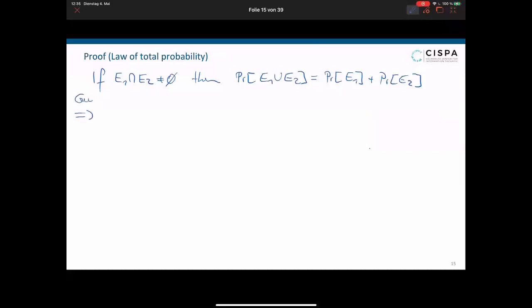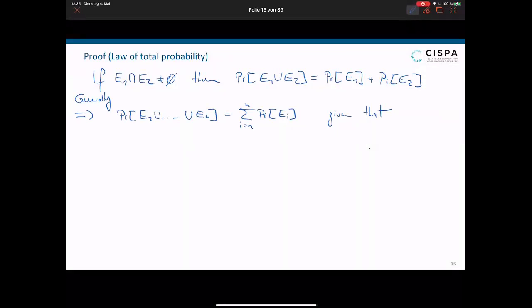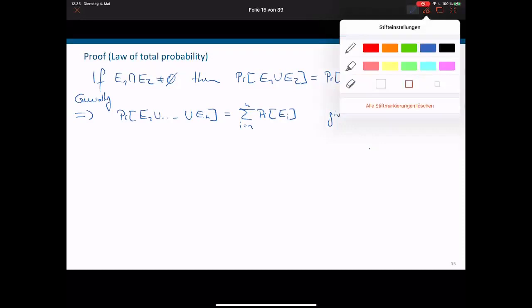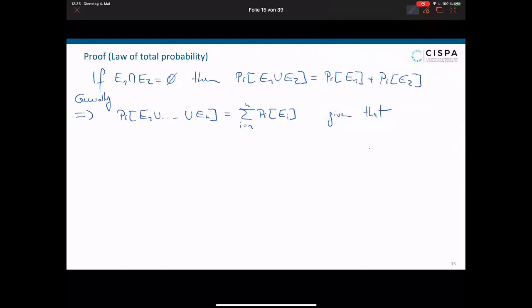Generally, right, if we have more than two of these events, we have the probability of E1 union and so forth until En is just the sum of the probability of the Ei, i equals 1 to n, given that these Ei are pairwise disjoint. Yes, thank you. Someone commented it shouldn't be not equal. Why did I write not equal? I think I said they are.